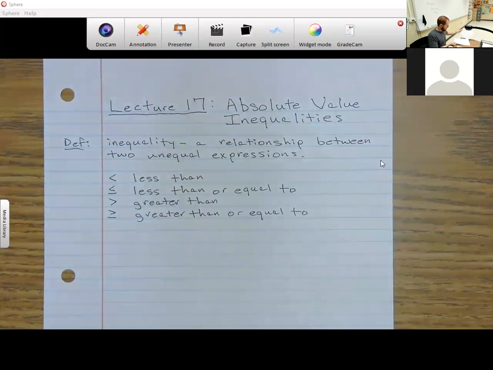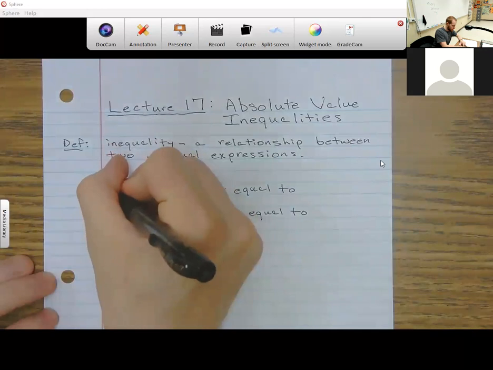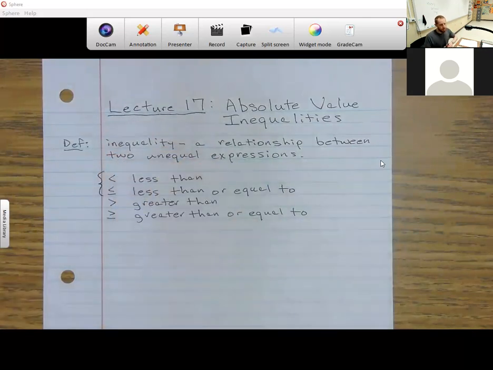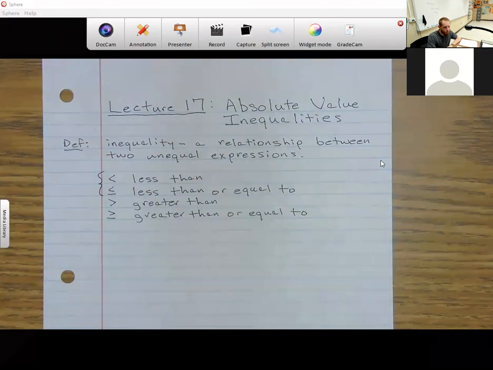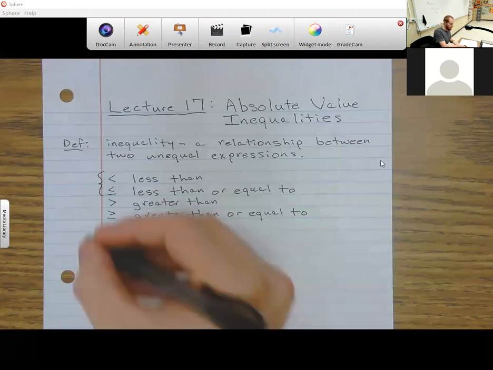Okay, let me flip to the page and we'll start talking about inequalities. Let's talk about the two different symbols. So for this class, we're going to be considering these two to have the same strategy. So I'm going to group these two together, the less than and the less than or equal to. And we're also going to group the greater than and greater than or equal to, because they're going to have the same strategy.